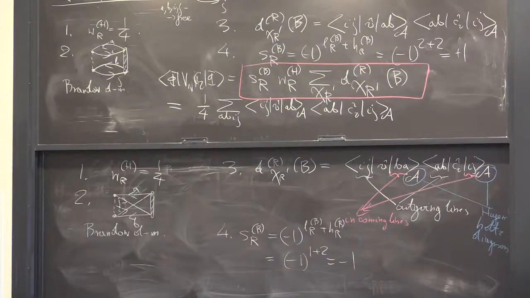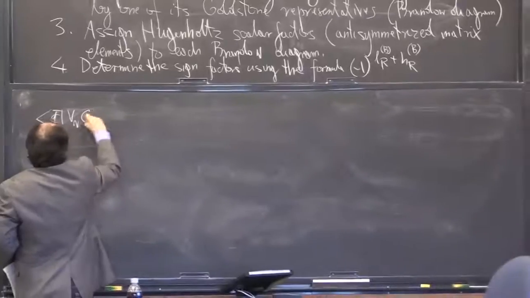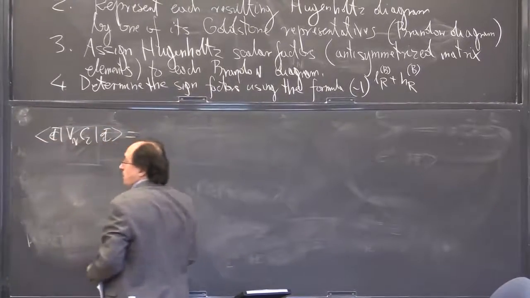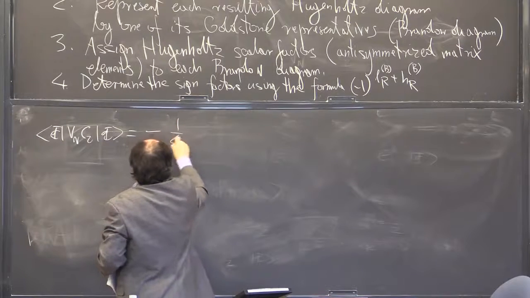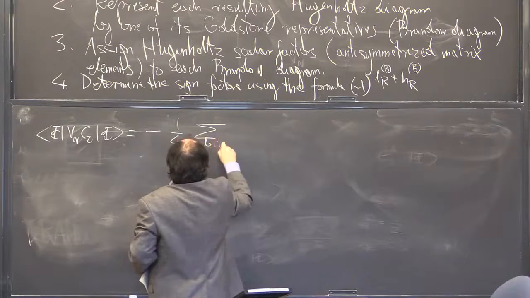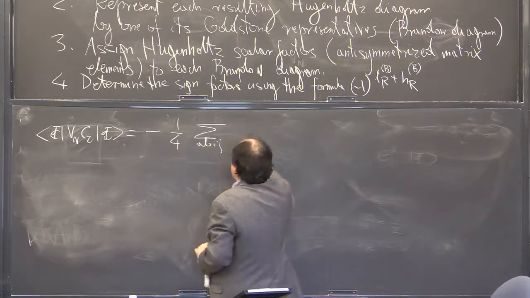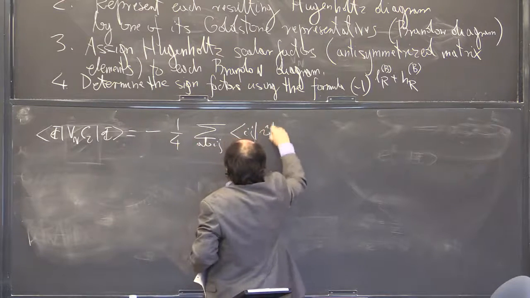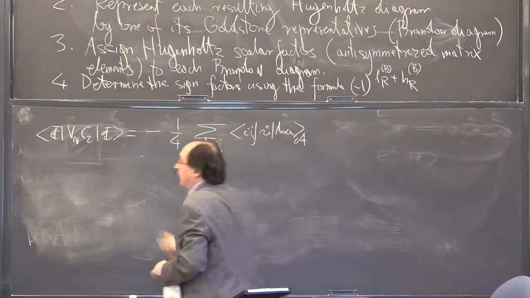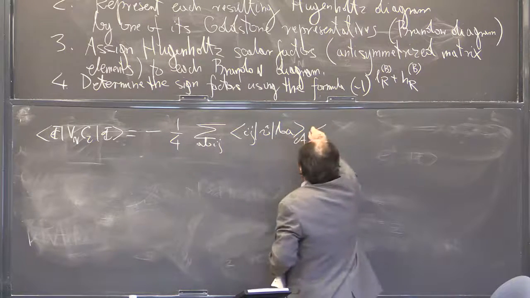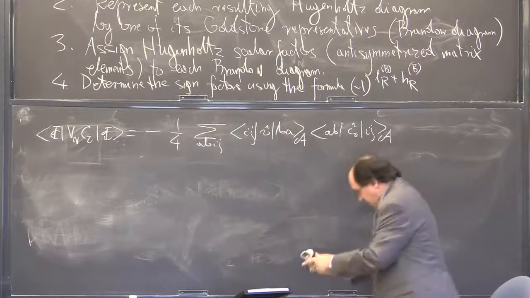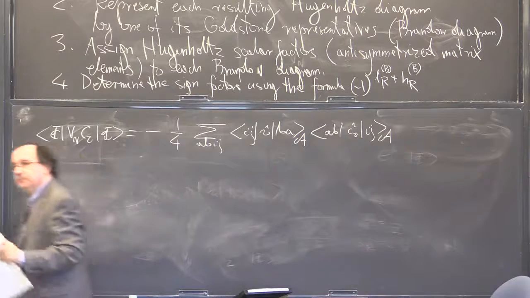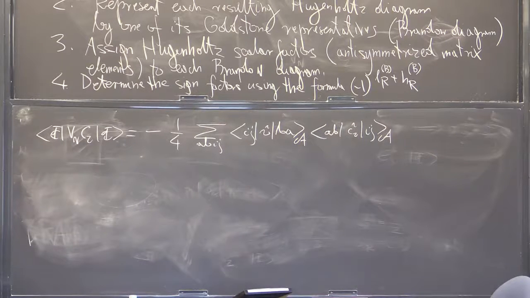So what do I get? Phi, V, and C2 phi equals. The sign is minus. The weight is still 1 over 4. You're summing over A, B, I, J. And the matrix elements, read from the scalar, are IJ V BA, with an A symbol, times AB C2 IJ, also with an A symbol. You can see that this is the same expression that we got before.